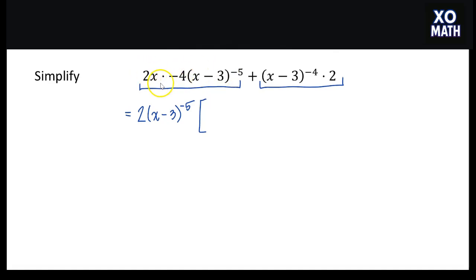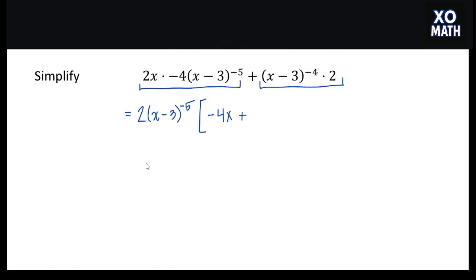From the first term, I took out the 2, so what I have left is the x and the -4, but I took out the x minus 3 to the -5th. So I just have a -4x left. And over here, I took out the 2, and I took out -5 copies of x minus 3 to the -4.